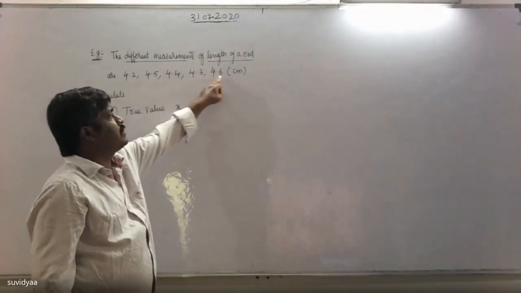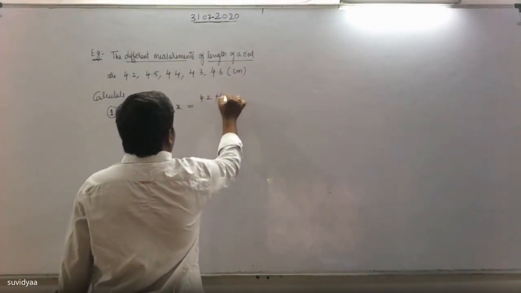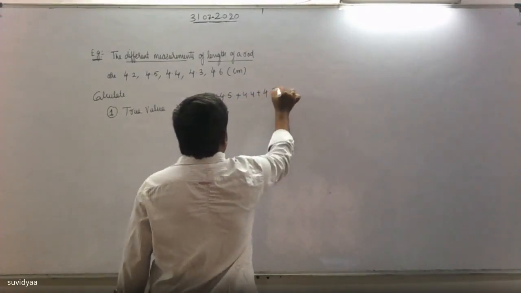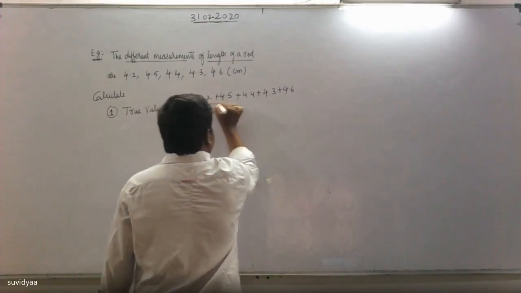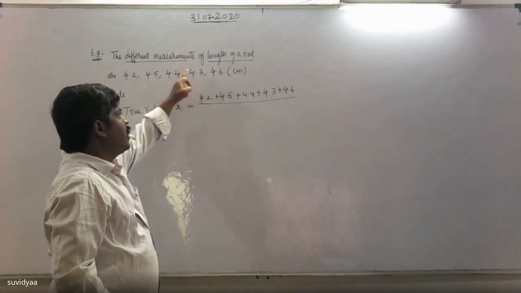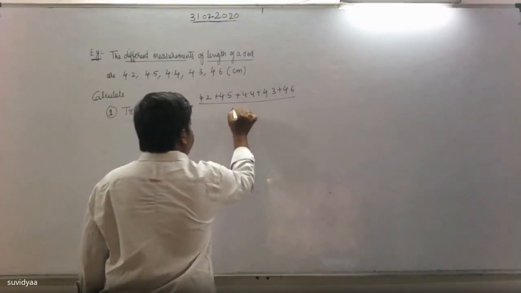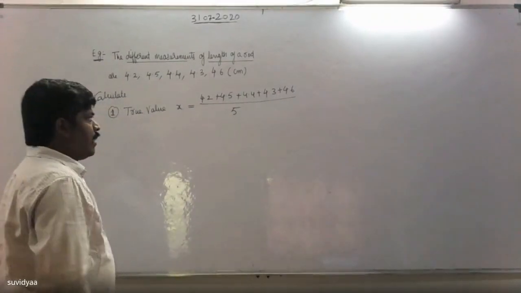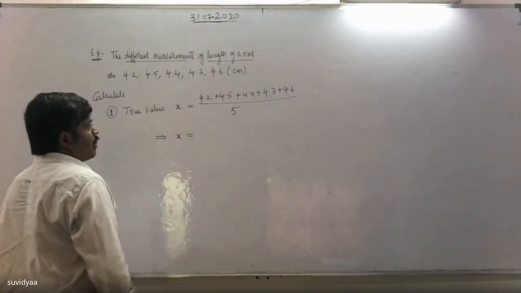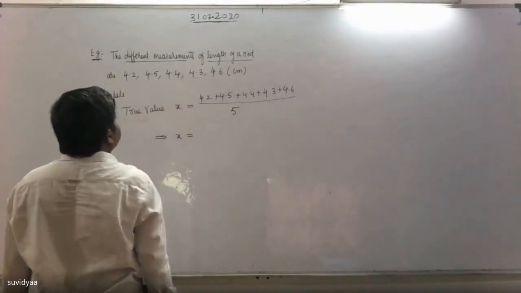Add all the measurements: 4.2 plus 4.5 plus 4.4 plus 4.3 plus 4.6 upon how many measurements? 1, 2, 3, 4, 5. 5 measurements. So divided by 5. That's all. Simple. So x is equal to. Okay. Now what you are going to get? You can see here 4.2, 4.3.